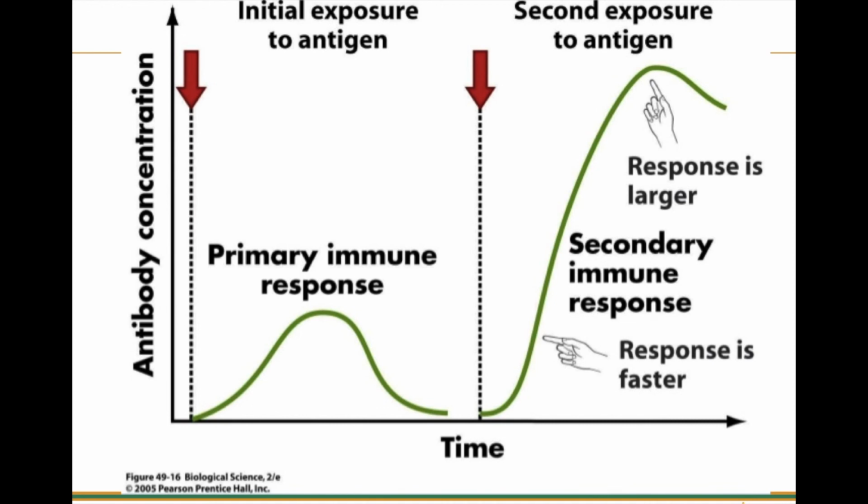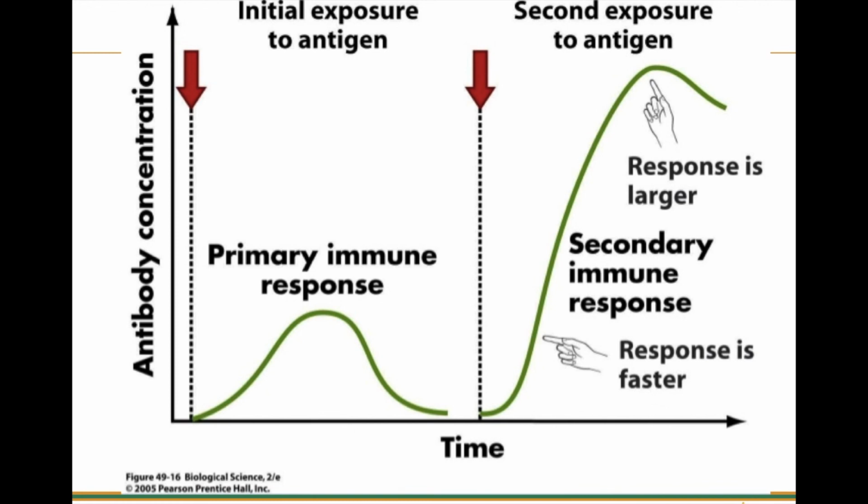But once that primary exposure is over, you keep some memory B cells. So if you're exposed to that same antigen again, you can make antibodies much faster. You can see the secondary immune response is faster and larger. The secondary response takes only hours instead of 3 to 6 days, and so usually it will attack the antigen and destroy it before it has time to produce any symptoms.